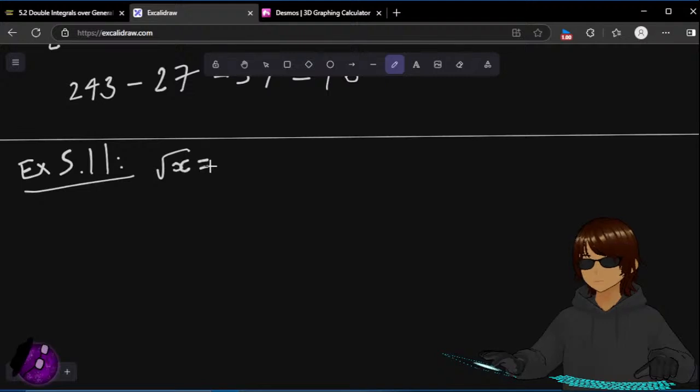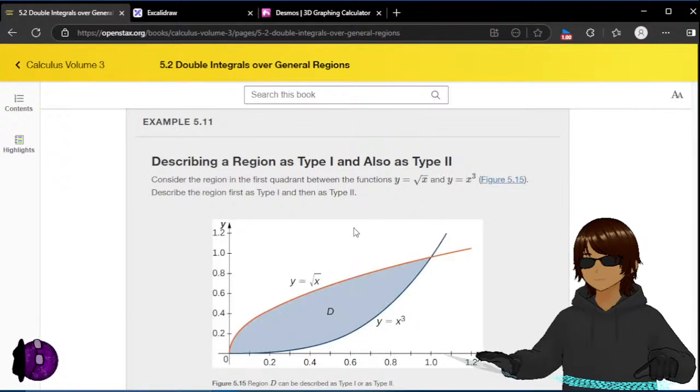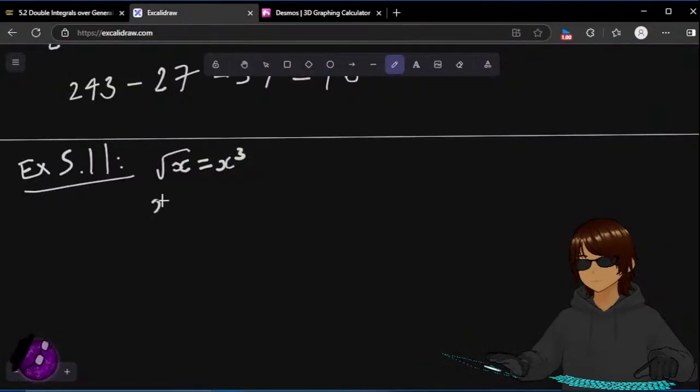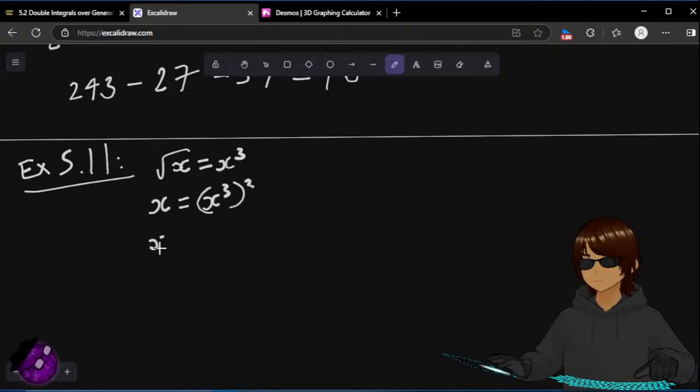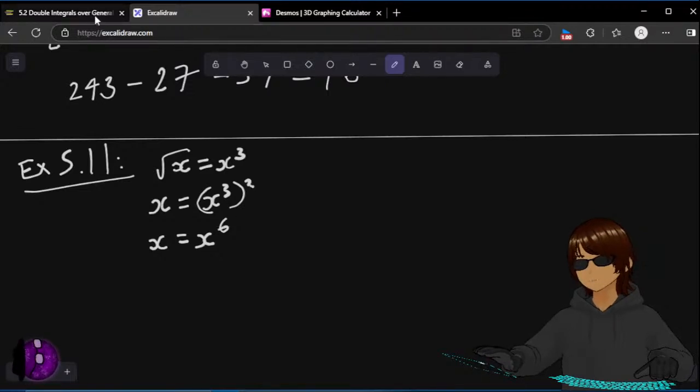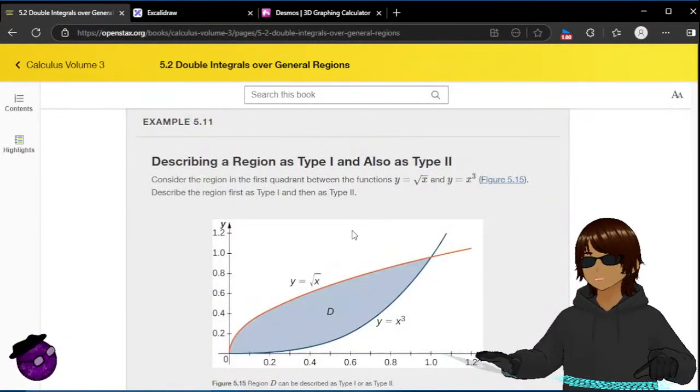Setting them equal gives x to the power of 6, so this only happens when x is equal to 1, right?